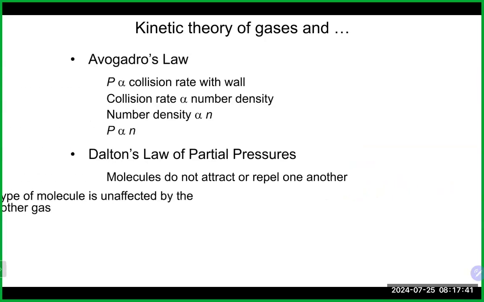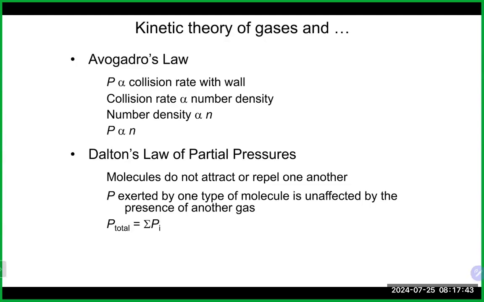Avogadro's law, we saw the relationship of moles and volume. Remember that this applies in a constant pressure and temperature situation. The number of moles is really proportional to the volume, I guess is the better way of putting it.